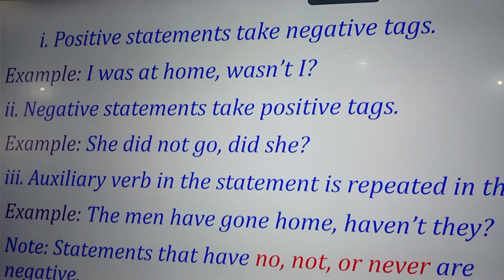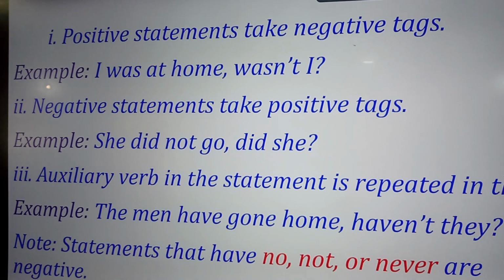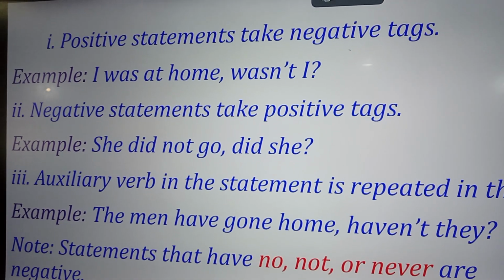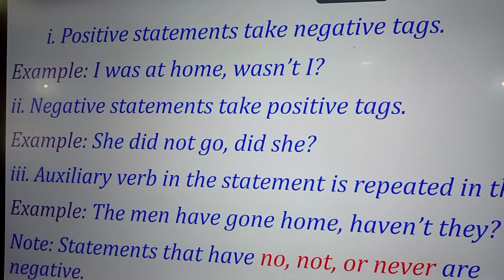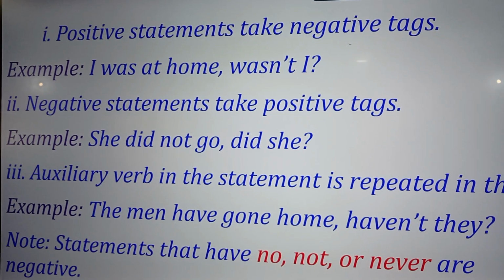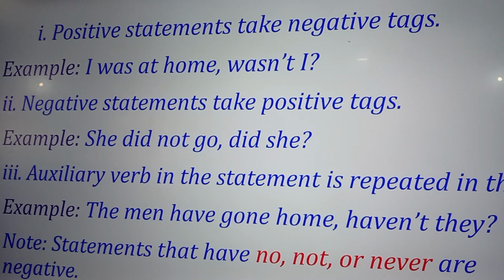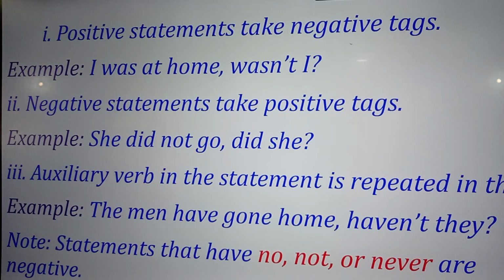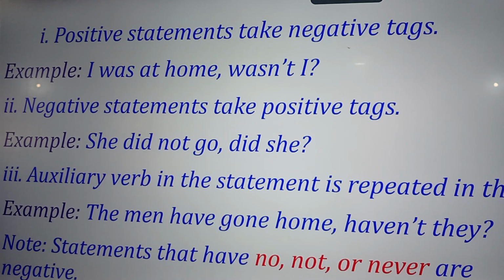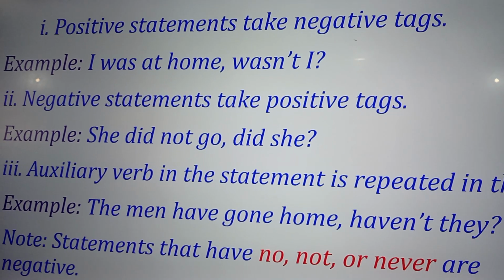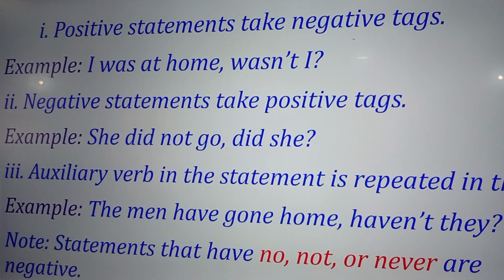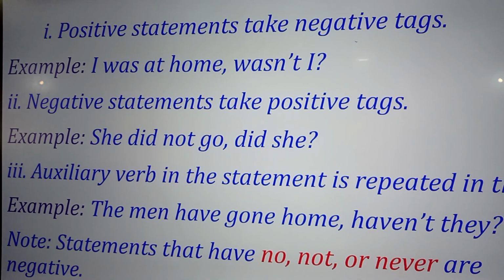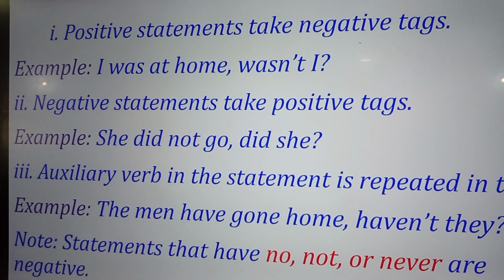So the tag will be wasn't I. I was at home, wasn't I? The statement is positive because it has no not, it has no no. I was at home, not I was not at home. So the tag will be negative. Wasn't, that was not, wasn't I? I was at home, wasn't I?